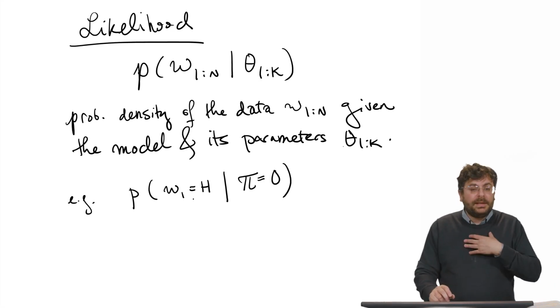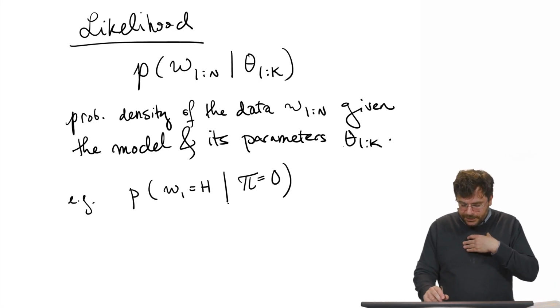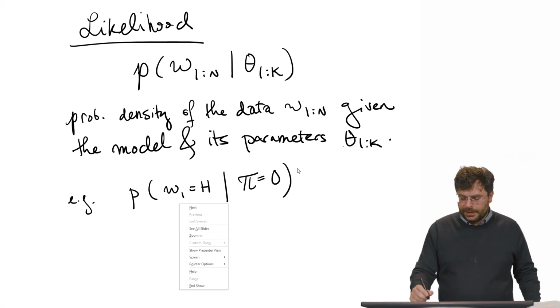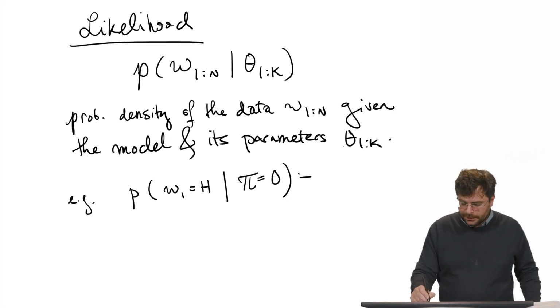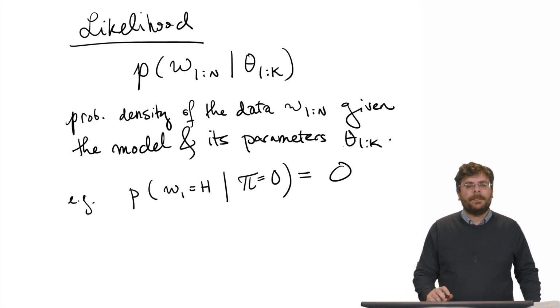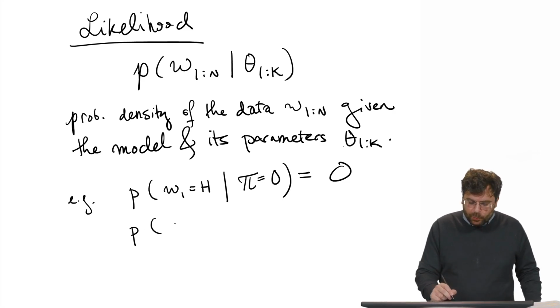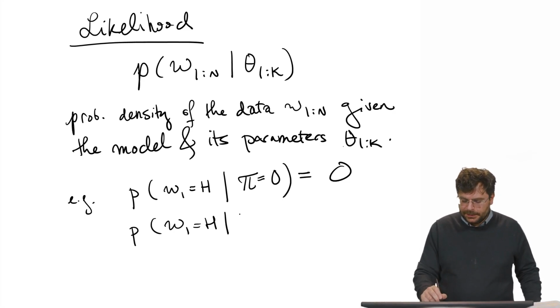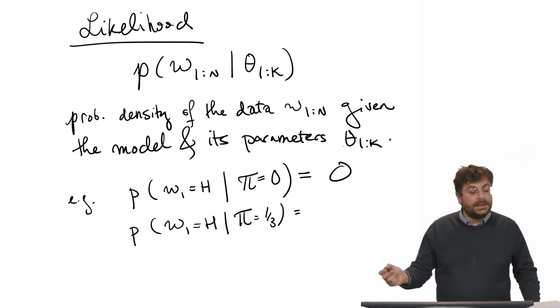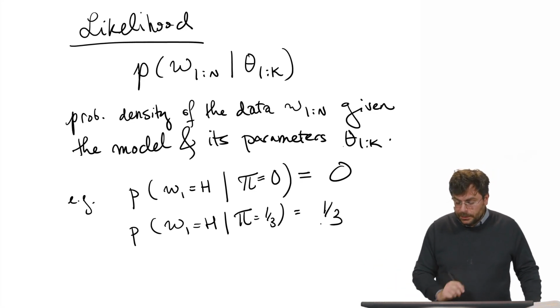Well, what is the probability of heads given that the coin never flips heads? And the answer to that is 0. Okay. What is the probability of flipping heads when pi is 1/3? Well, then that's going to be straightforward. It's going to be 1/3.